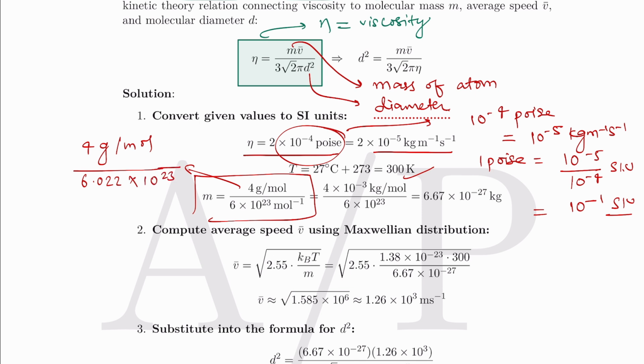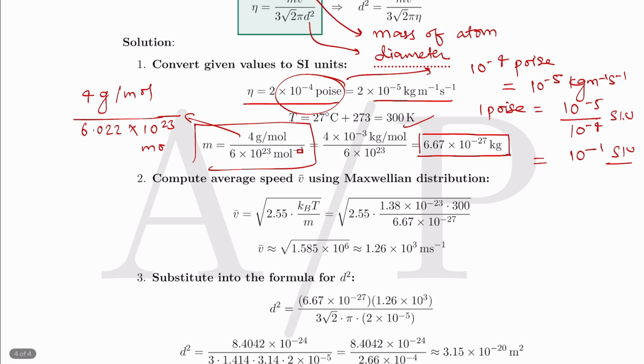We know the number is very large, so it won't make any difference. So you can have the mass, which is going to be 6.67 multiplied by 10 to the power minus 27 kilogram.